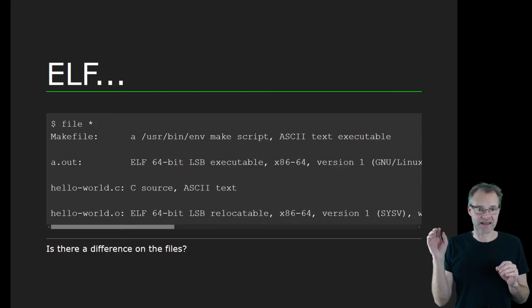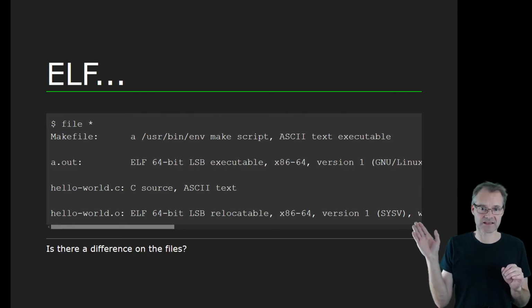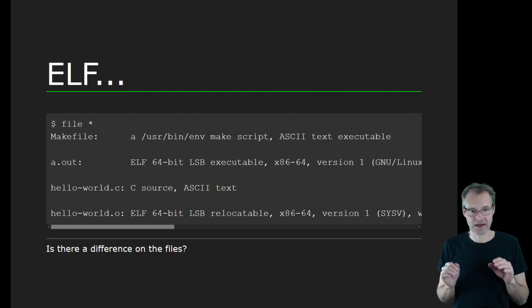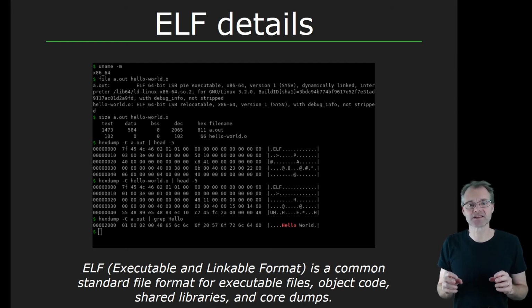Then I see this a.out, that is an ELF file. It is executable and it has some kind of x86 architecture. The same applies for the .o file: it's ELF, it's relocatable, it's x86 architecture. So both the object file and the executable are ELF files.